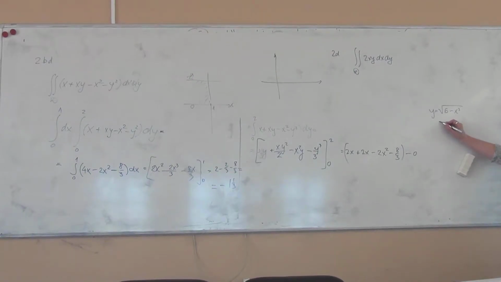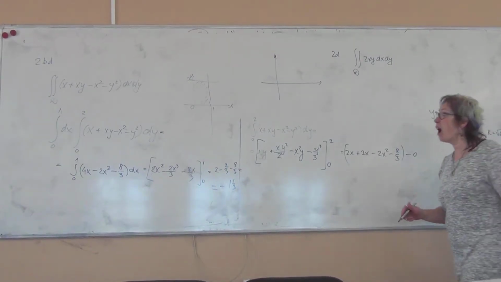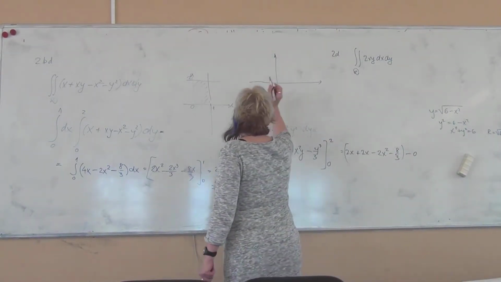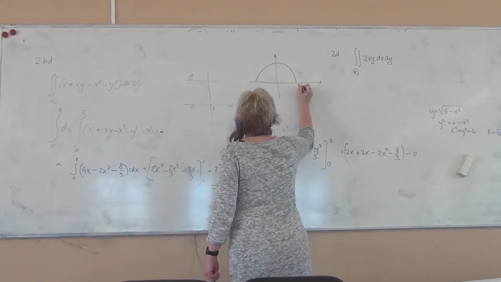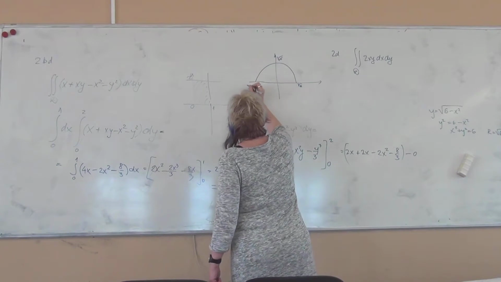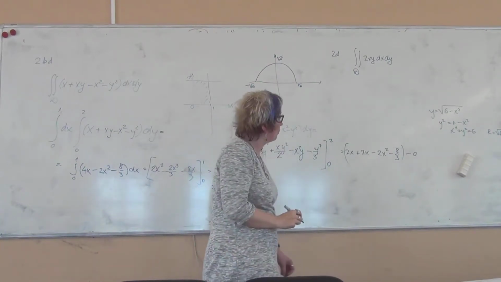Notice that y squared is 6 minus x squared, so x squared plus y squared is 6. So the radius is going to be square root of 6, by the way. But it's a half circle, or a semicircle. Alright. So this is the square root of 6, this is the square root of 6, this is minus square root of 6.